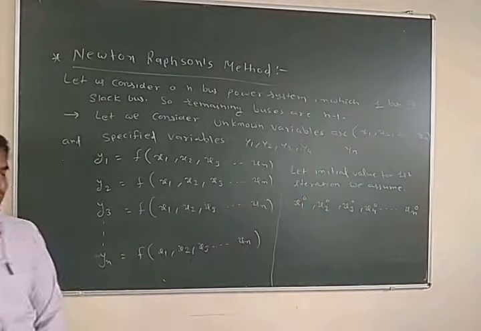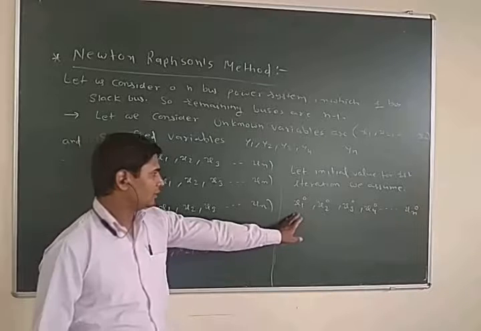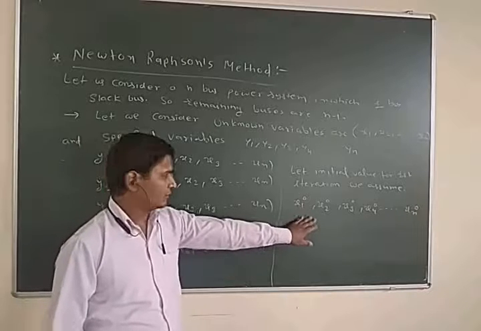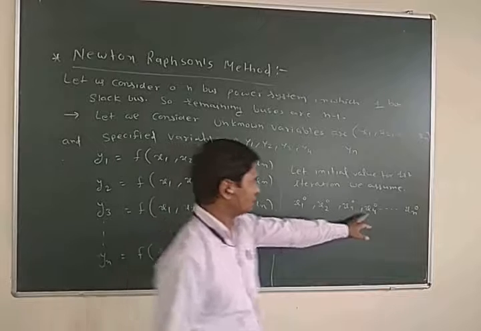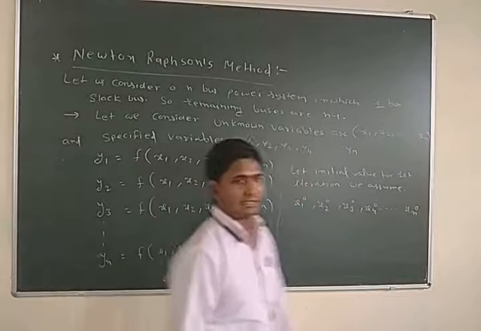So first iteration we assume the value of unknown variables x1 0, x2 0, x3 0, x4 0 dot xn 0.